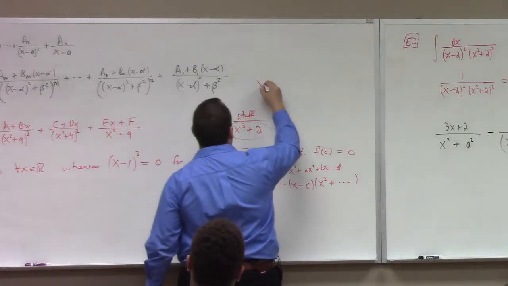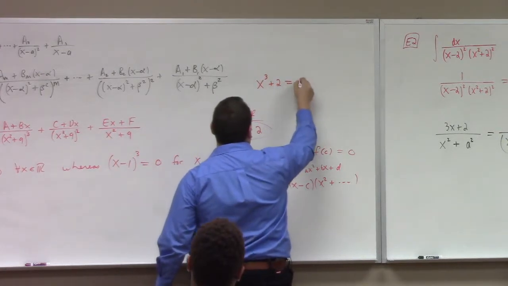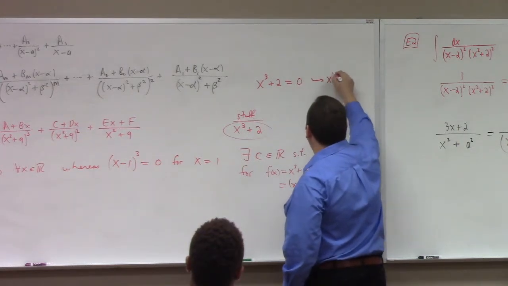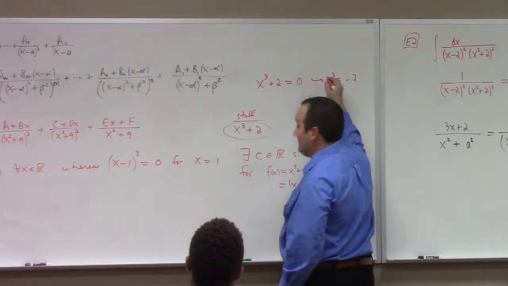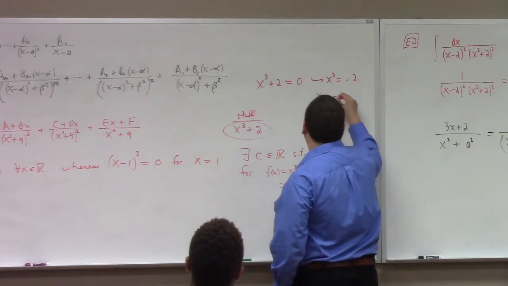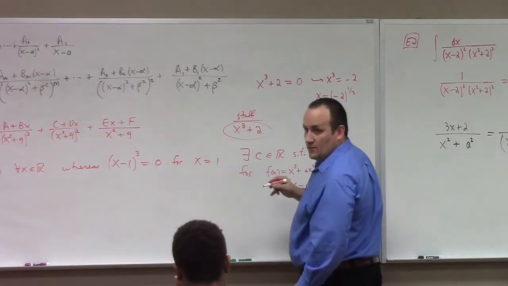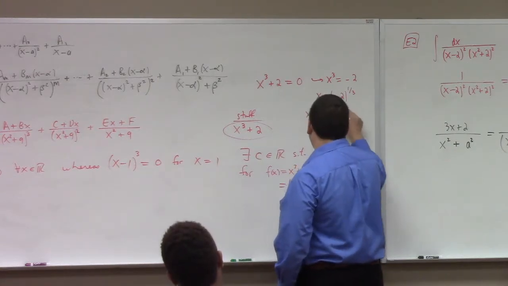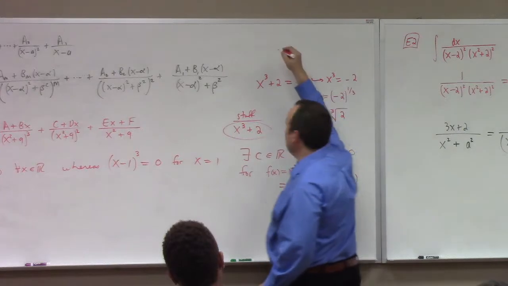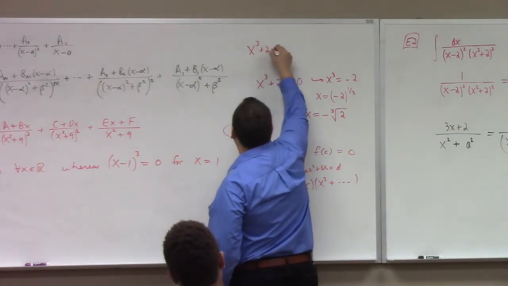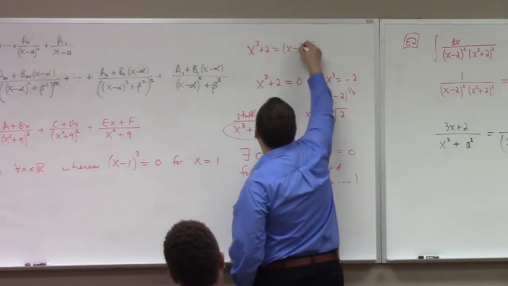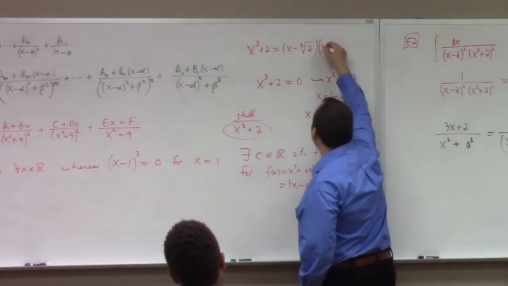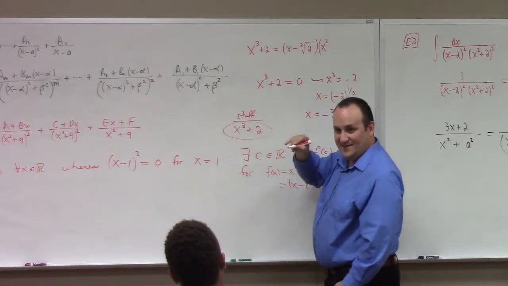What if x cubed plus 2 equals 0? What do I do? Take the cube root of both sides, right? Which is, by the way, minus the cube root of 2. So x cubed plus 2 is equal to x minus the cube root of 2, and then x squared, that one's for free.